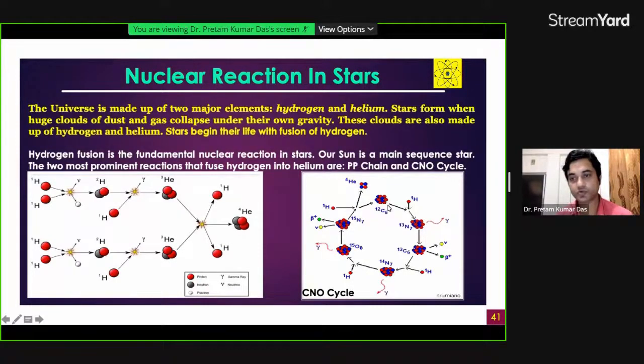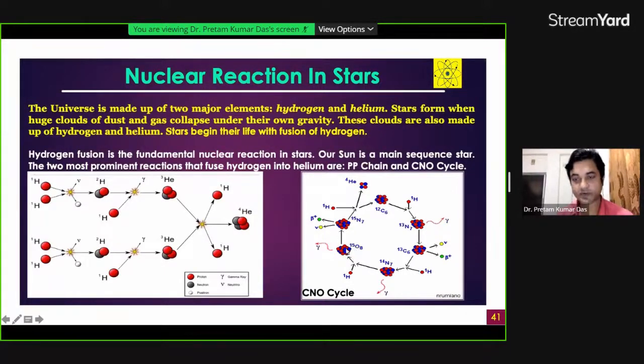Another is the CNO cycle, from carbon. When carbon-12 interacts with hydrogen, it becomes nitrogen-13, and from nitrogen-13 by positron emission, beta decay, we get carbon-13. When carbon-13 interacts with hydrogen, it becomes nitrogen-14, and when nitrogen-14 interacts with hydrogen, it forms oxygen-15, and they emit gamma rays.